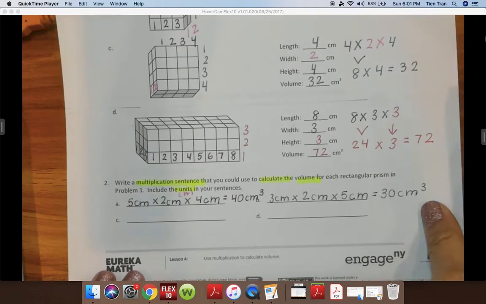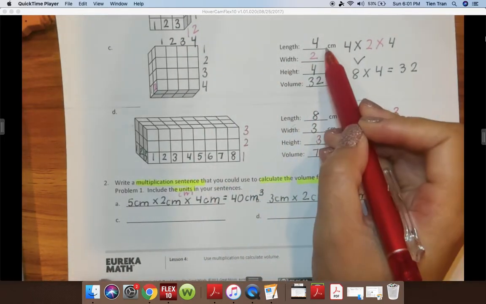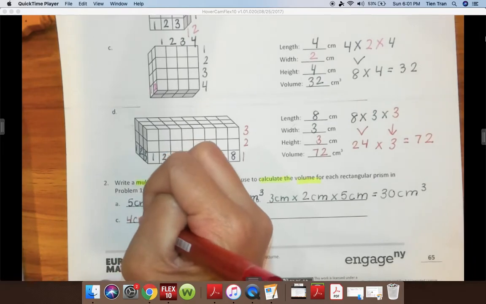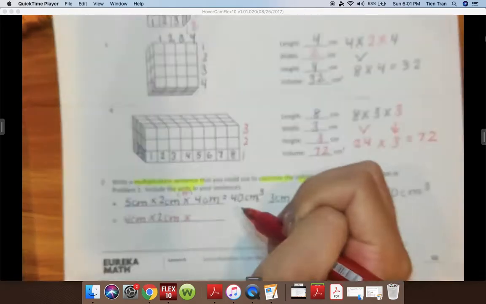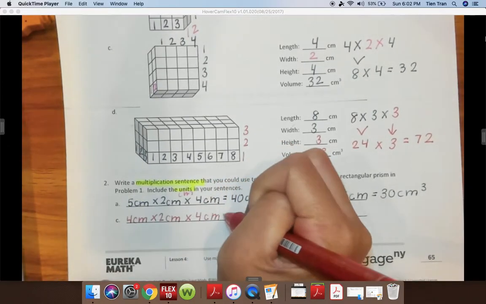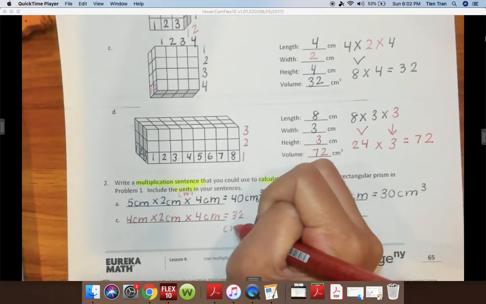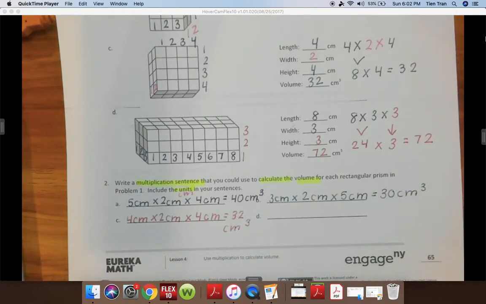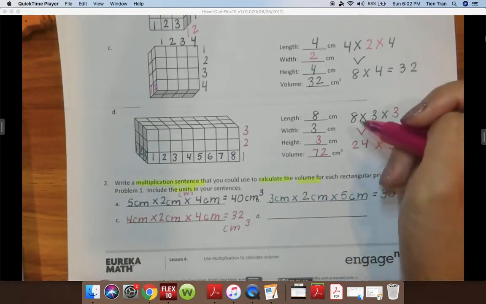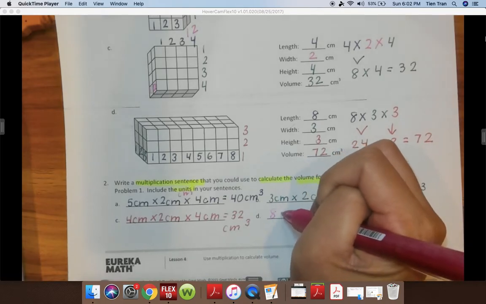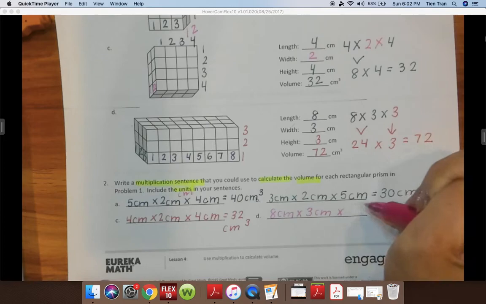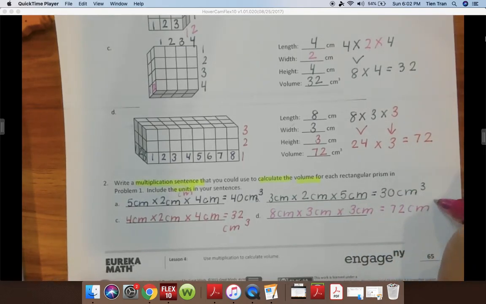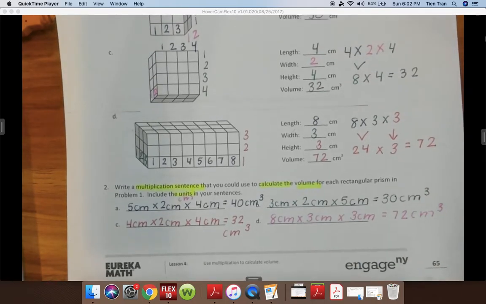And then problem C, I have it right here. 4 centimeters times 2 centimeters times 4 centimeters is equal to 32 centimeters cubed. And the last one I have right here, 8 centimeters times 3 centimeters times 3 centimeters is equal to 72 centimeters cubed. Okay. Now I'm going to turn the page.